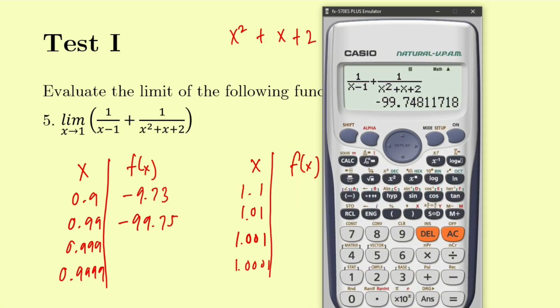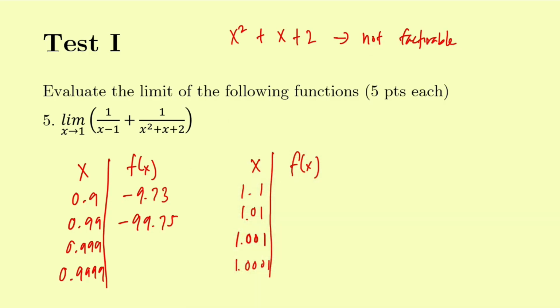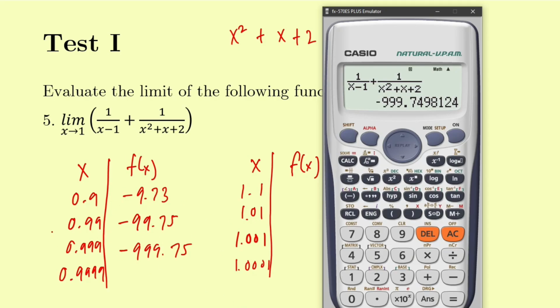What number is this approaching? Is this moving towards negative infinity, or is it approaching a certain number? Negative 999.75. I don't think so. It's not approaching a certain number. It is approaching negative infinity. See?